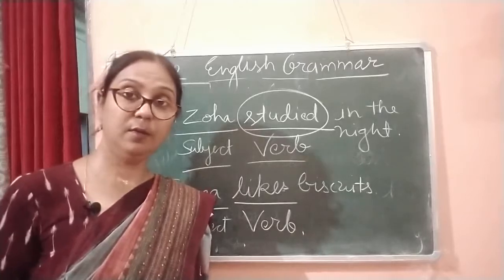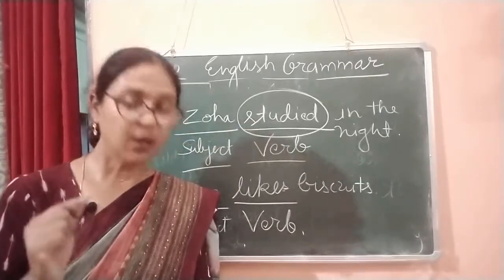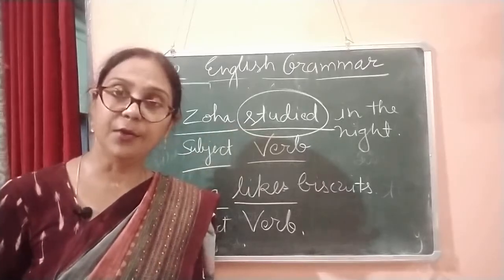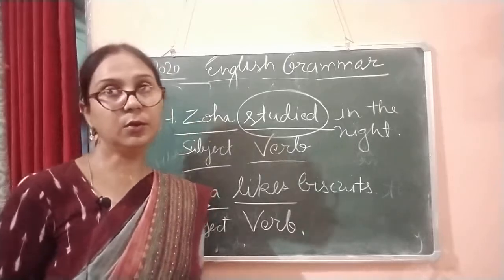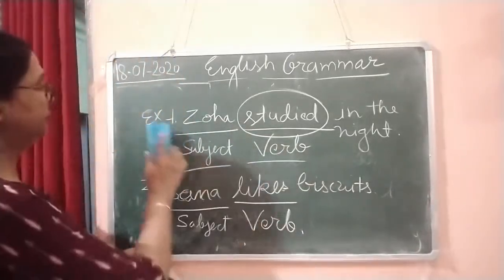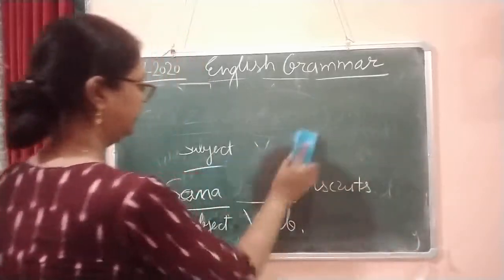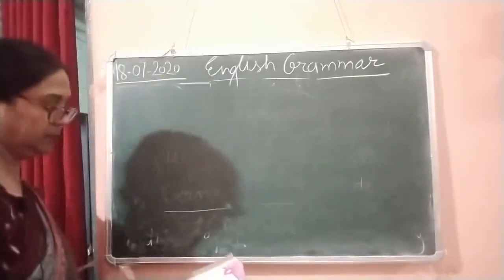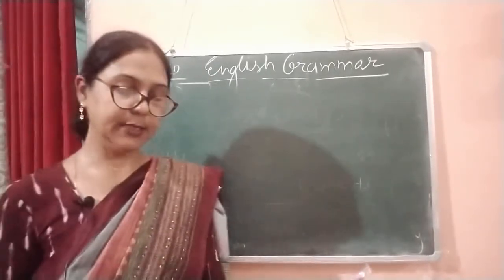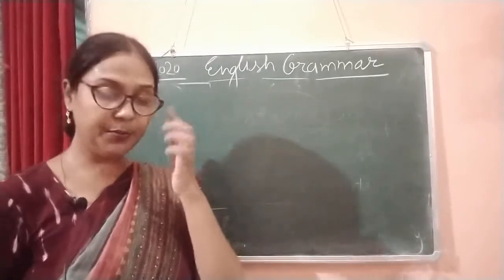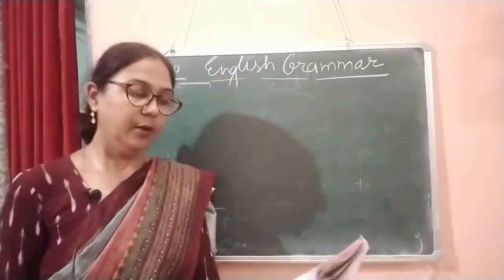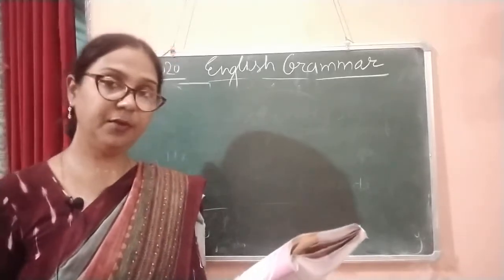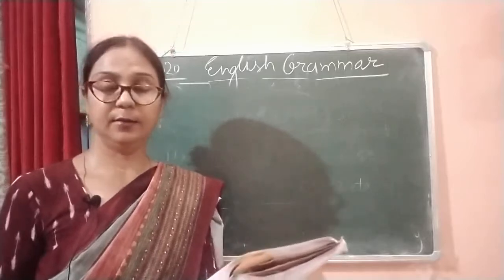So we are just moving on the basis of the definition of a verb. We are going to solve the first exercise given in your Mastering Grammar book, page number 50, exercise A. Read the following sentences and underline the verbs.